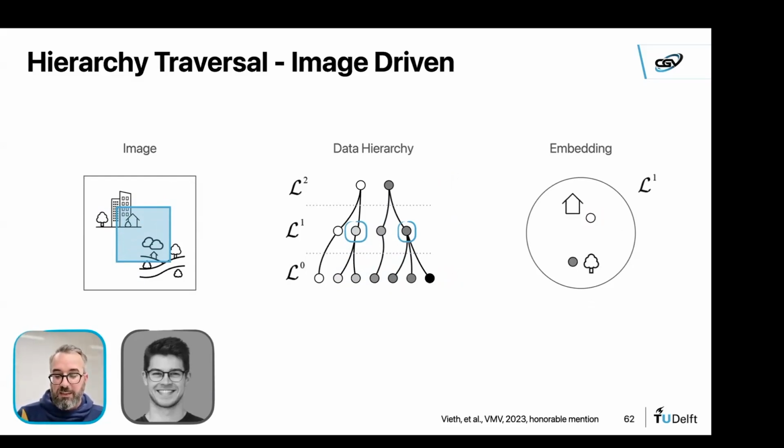So now we get an embedding that still has man-made structure and natural structures, but on a higher level of detail than just going here from the top. But it's also a selection of points that we couldn't get if we started at the top, because if I select this one and expand on this one, I always get both of these. So just getting one of these on each side would be impossible in the old approach. So here, really, our direction is always going up.